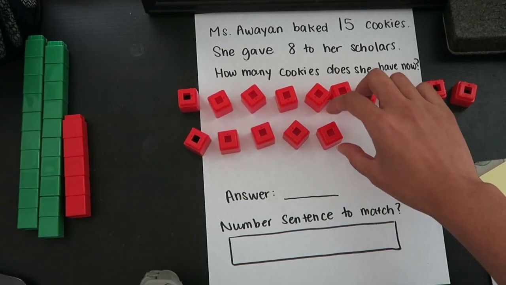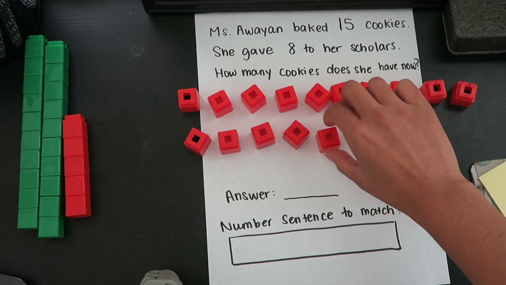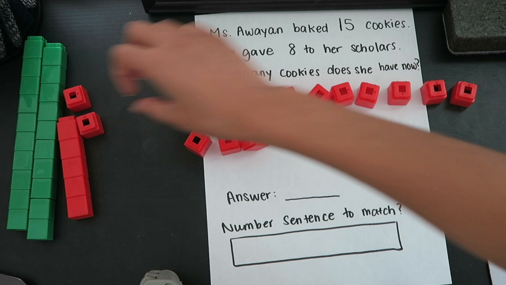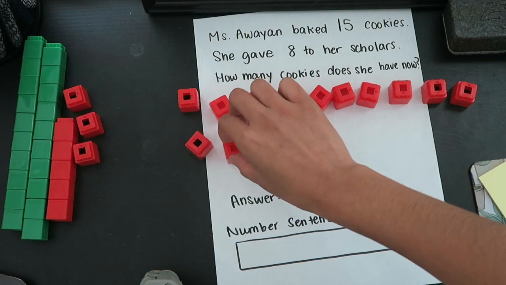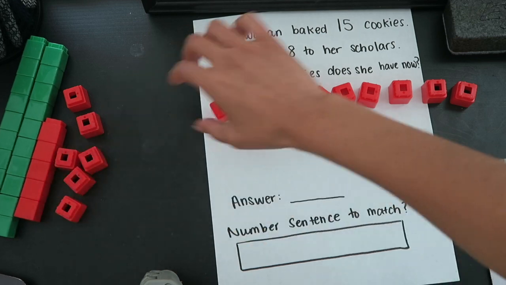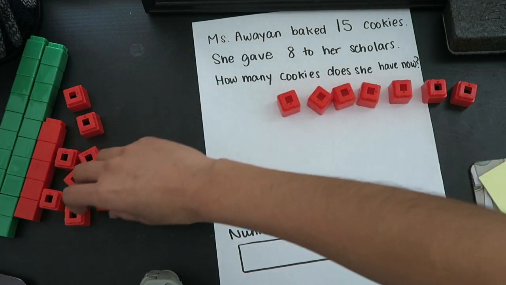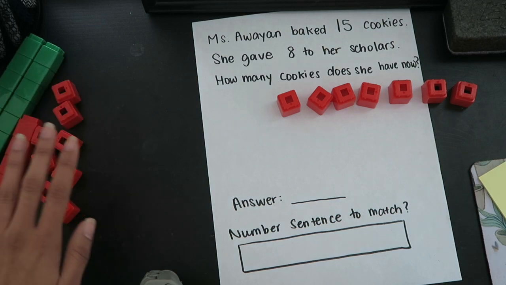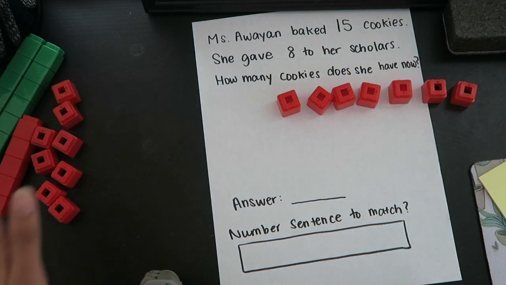Let's count 8. Ready? 1, 2, 3, 4, 5, 6, 7, 8. I'm putting them over here because I gave those cookies to my scholars. I do not have them anymore.